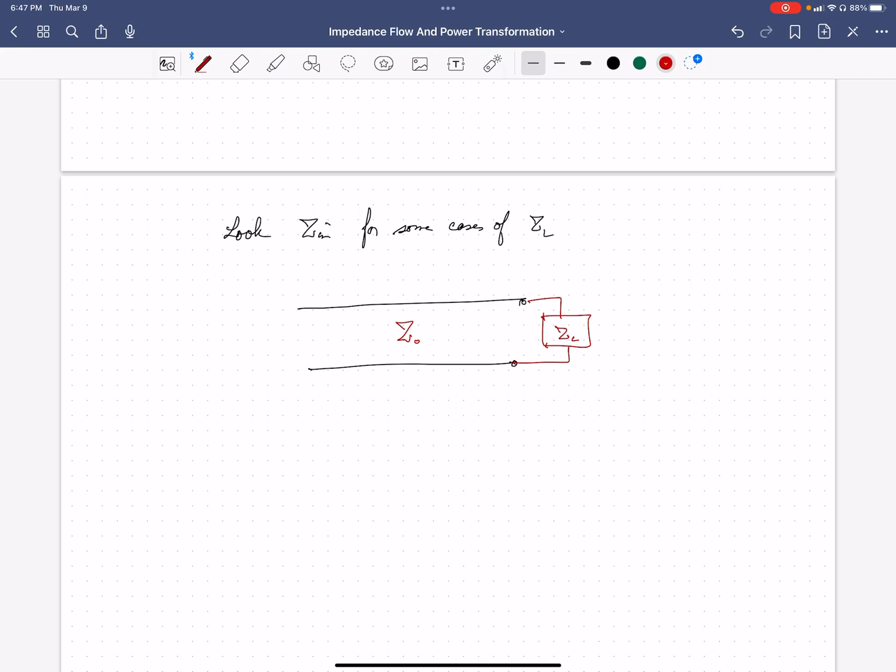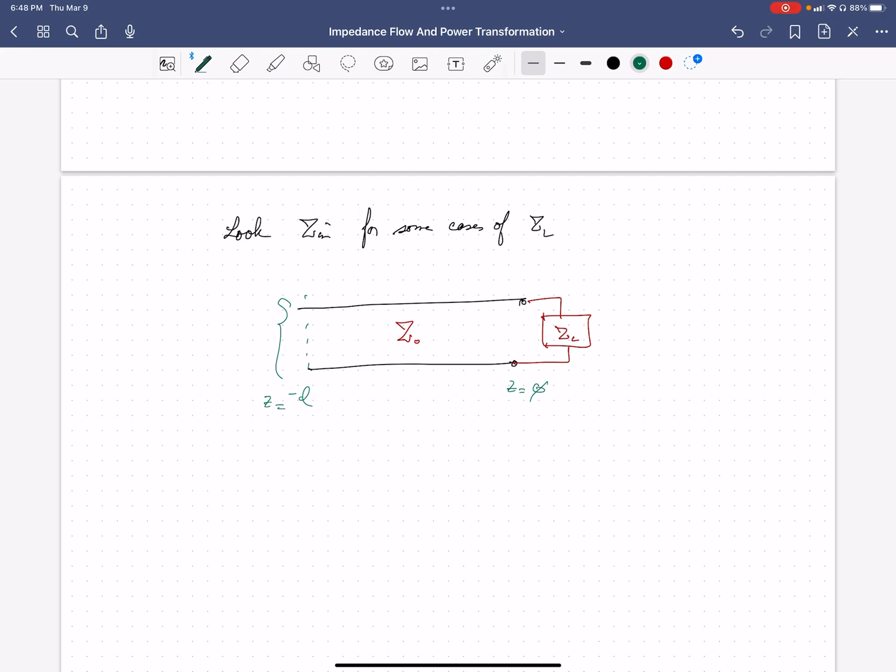The input impedance is defined going to where the source is, and we usually say the load is at z equal to 0 and the source is at z equal to minus L.